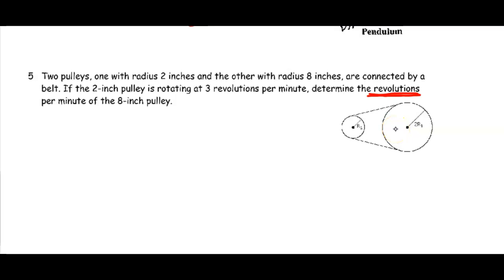So the way you have to think about this problem is that this belt that's around here is moving at a constant rate. So if you think about the speed of the belt, that would be the linear speed. So the linear speed of this one and the linear speed of this one are actually the same as each other.